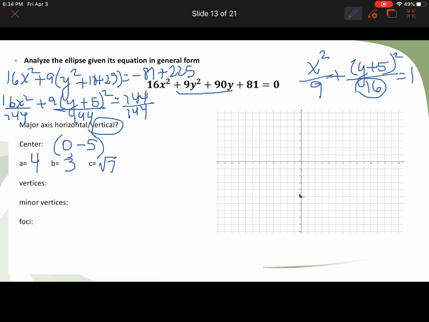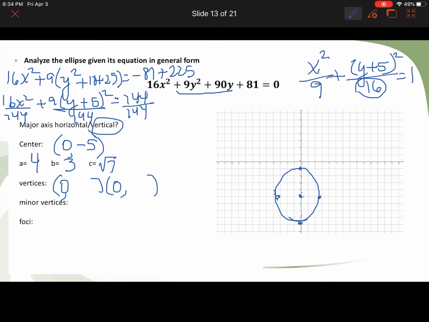So we're going up and down, so from -5, we're going to go up 4 and down 4. And we're going to go back over 3 and 3 the other way, right? So there's my graph. So my vertices, the x value is the same as the center point.